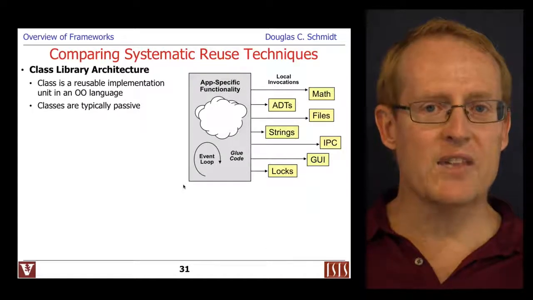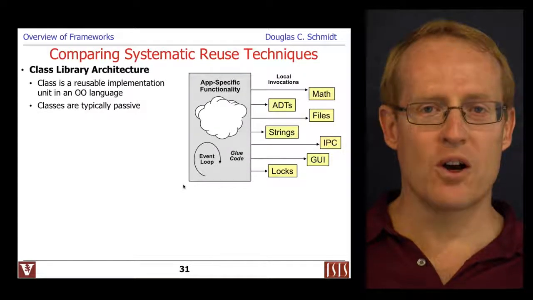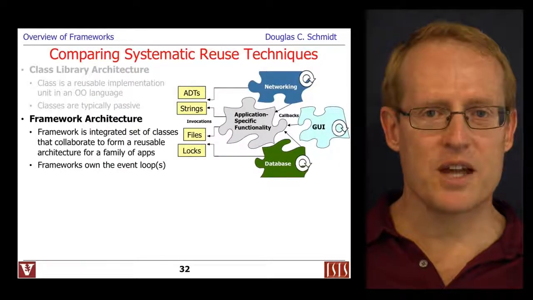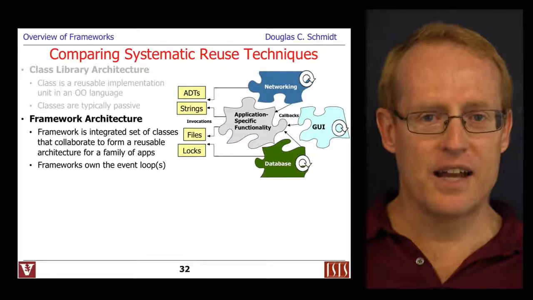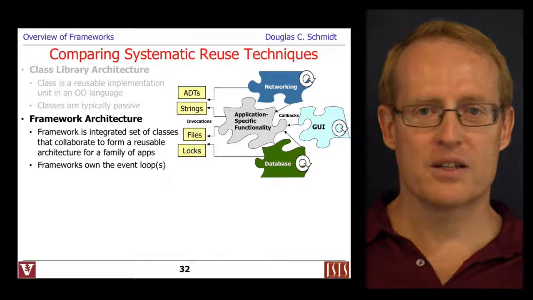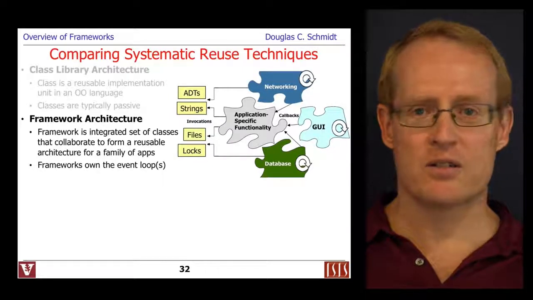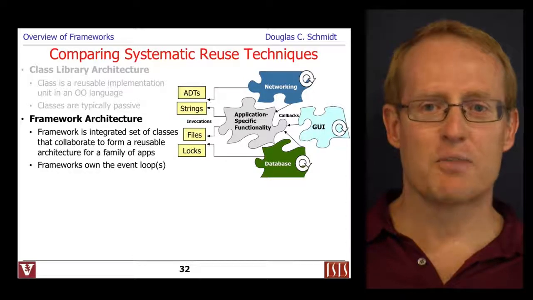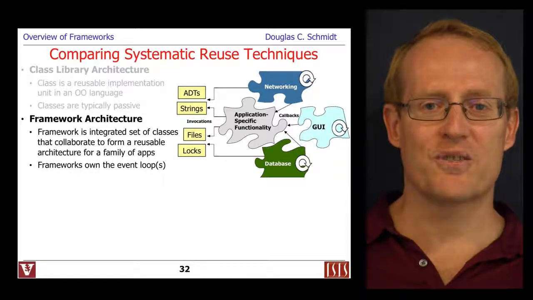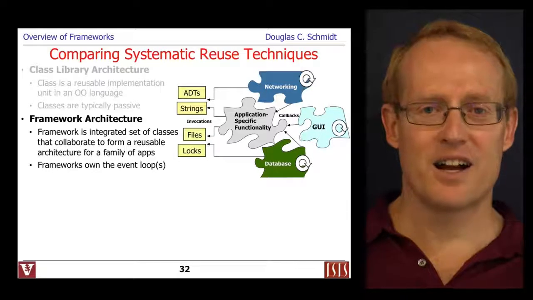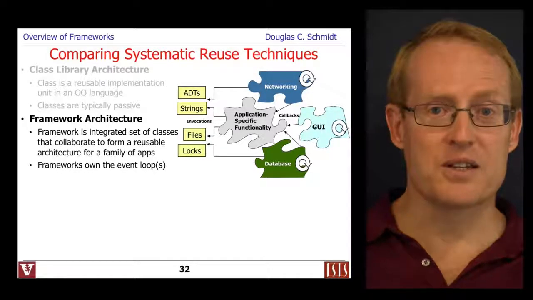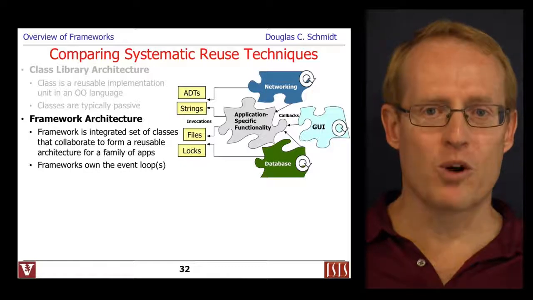So towards the end of the 80s, there was a focus on things called frameworks. We've already discussed how frameworks provide integrated collections of classes, objects, functions, components, etc., that collaborate to provide a reusable architecture for a family of related applications. You can reuse classes and class libraries in frameworks.